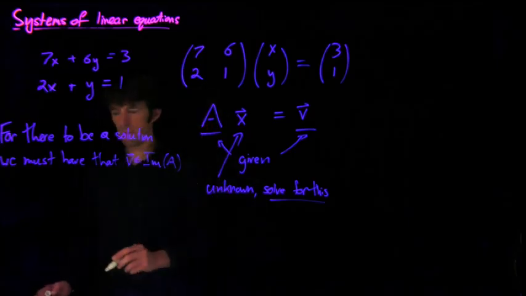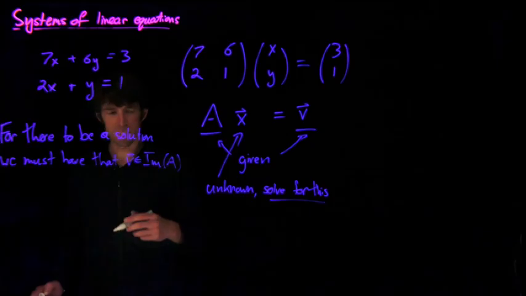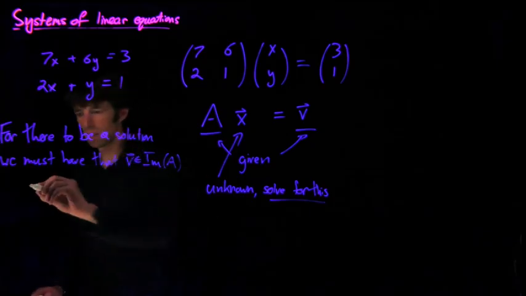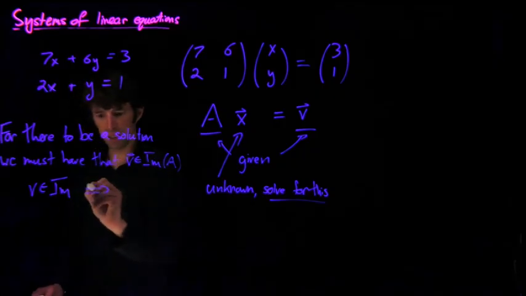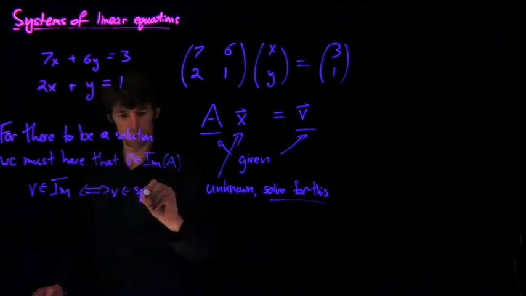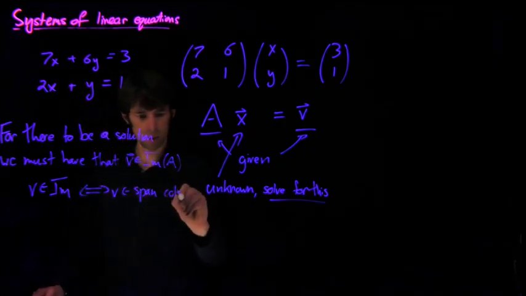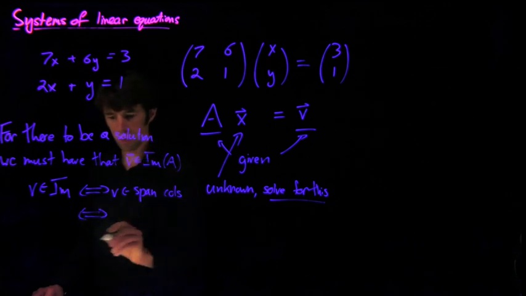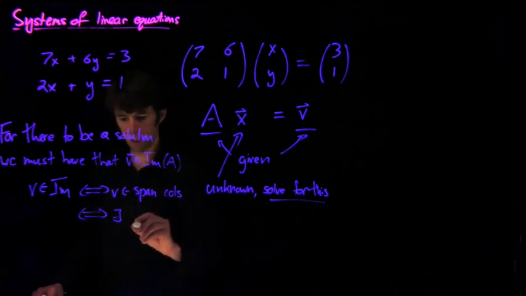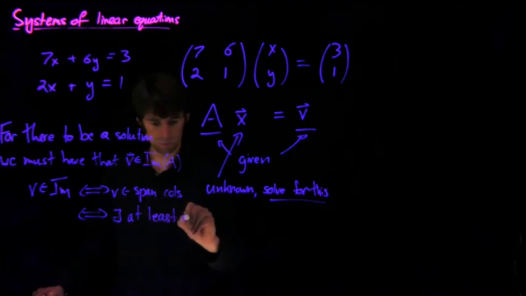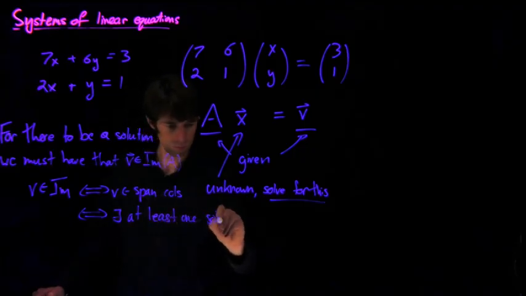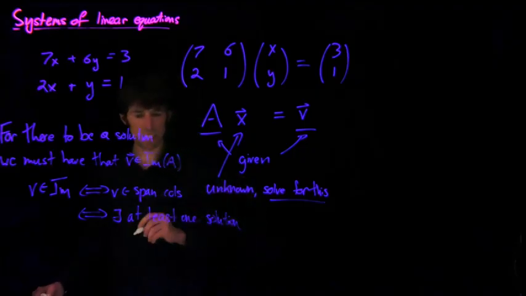So v being in the image is the same thing as saying v is in the span of the columns, which is the same thing as saying there exists at least one solution.